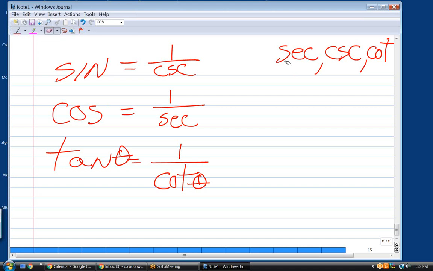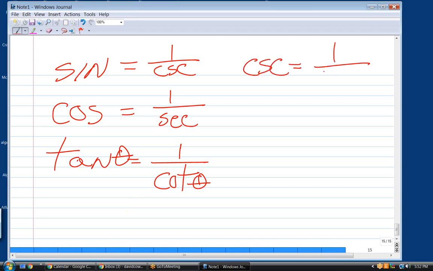Now, there are 6 reciprocal relationships. This is 3 of them. Well, the other 3 are just the reverse. In other words, if sine is 1 over cosecant, then cosecant is 1 over sine. And if cosine is 1 over secant, then secant must be 1 over cosine. So you don't really have to remember these.